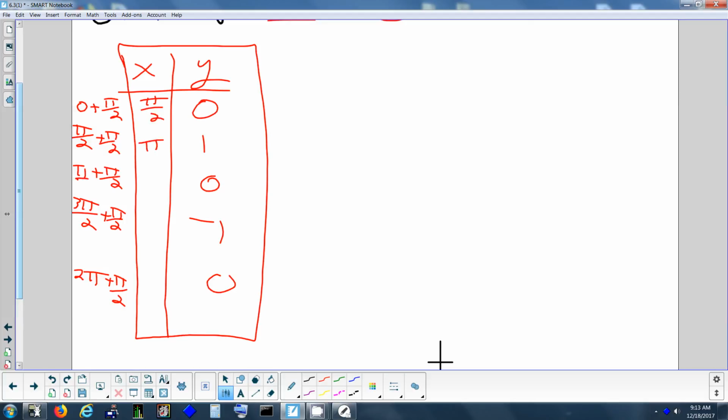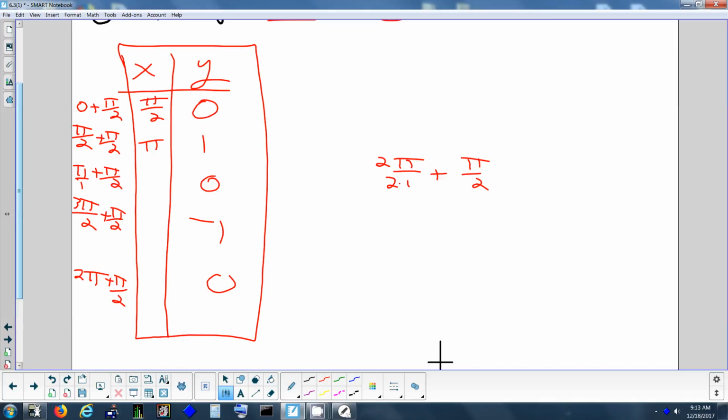The next one, pi over 1 plus pi over 2. What do I have to do first before I can add those? Common denominator. And what would my common denominator be? 2. So double the top, double the bottom.